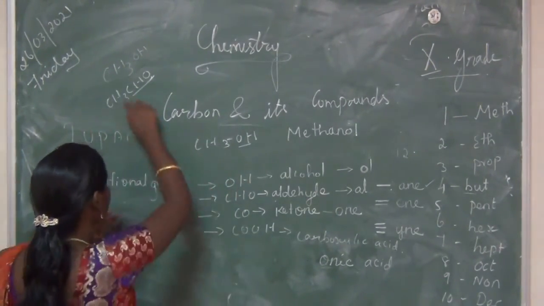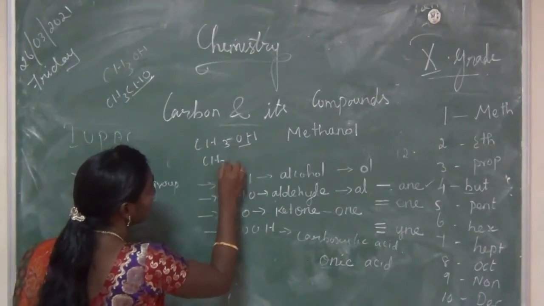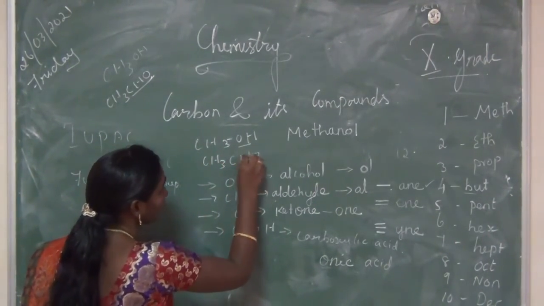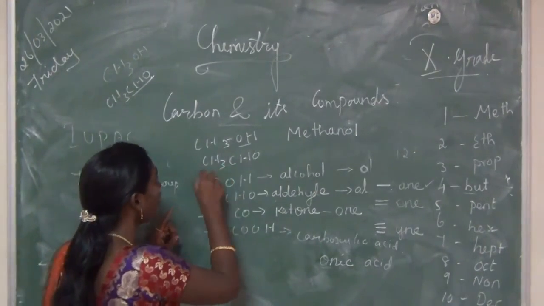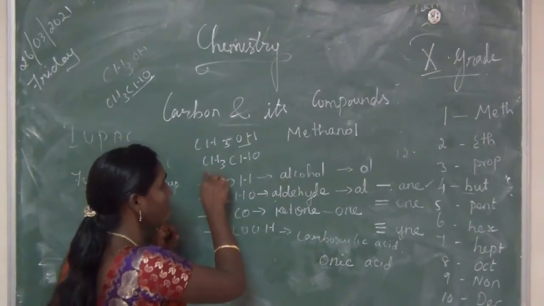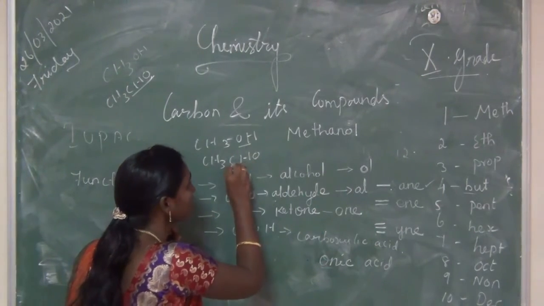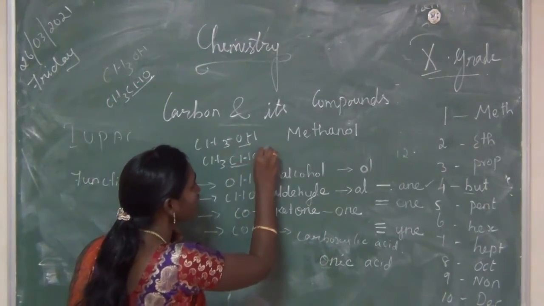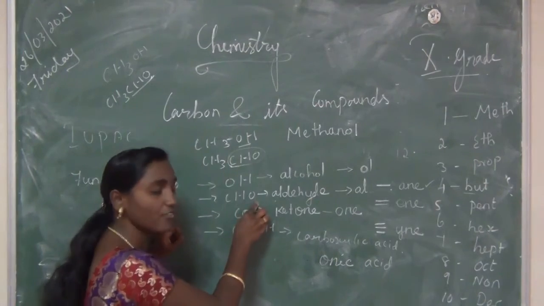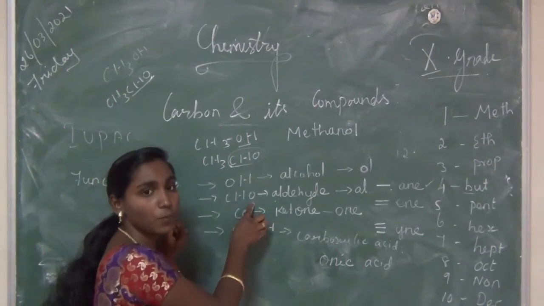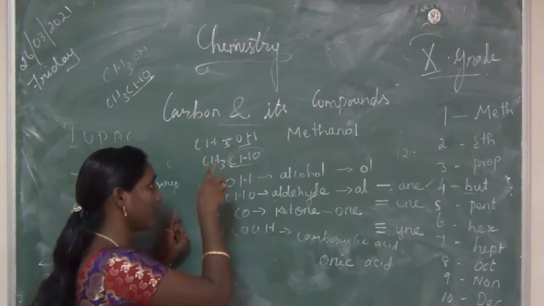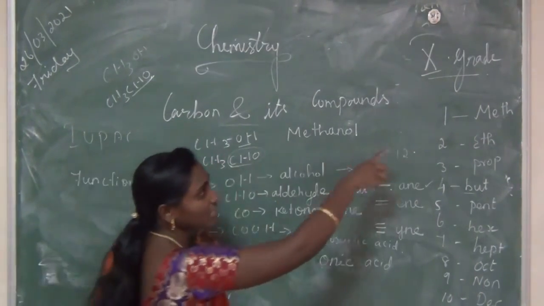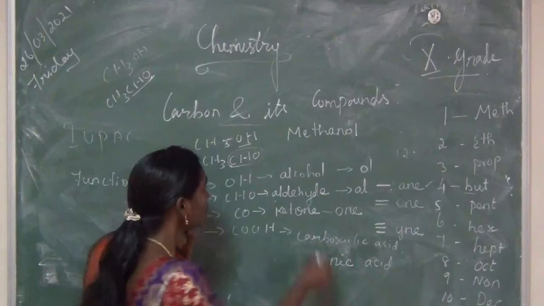The next example, CH3CHO. How many carbon atoms here? One carbon atom. We should not consider this C because CHO is a functional group, the aldehyde. So only one carbon atom, which means the root word is meth.